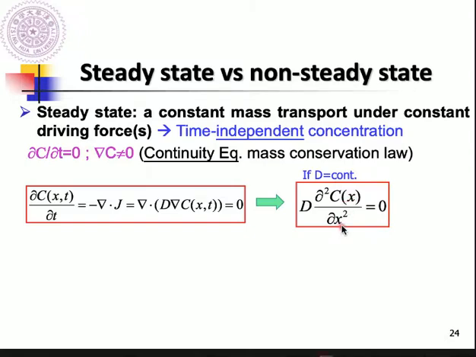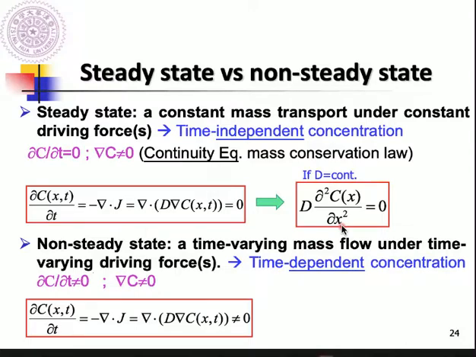And how about if your kinetic process is related to a non-steady state diffusion process? Non-steady state means a time-varying mass flow, and also a time-varying driving force. So everything is a time-dependent profile. So partial C partial t is not equal to 0, and there must also exist a concentration gradient.